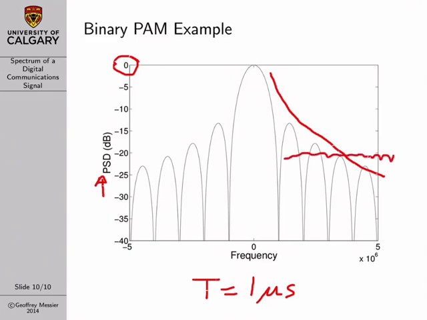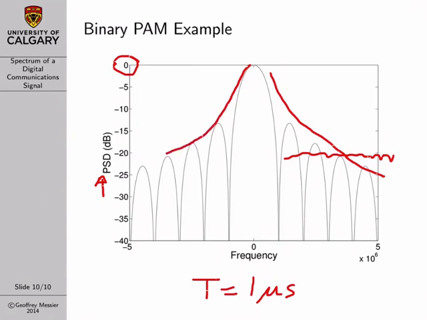And generally, once the signal drops below the noise floor of the communication system, we assume that the spectrum is basically zero. However, the fact remains that it does occupy a lot of room in the frequency domain. It takes up a lot of space before it drops below that noise floor. And the decay of the signal is relatively slow.